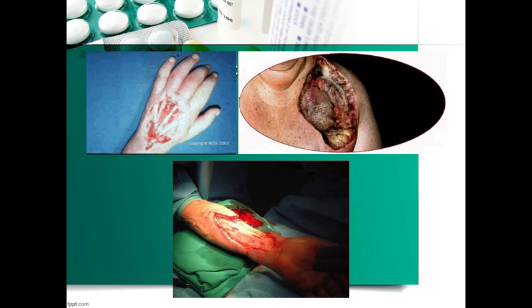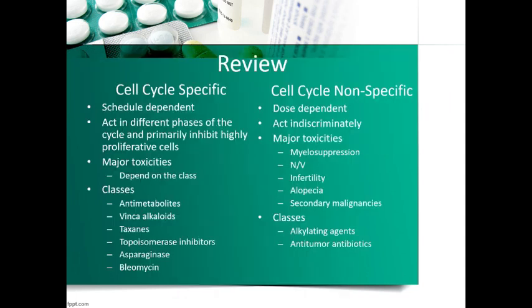Now doxorubicin is one that fortunately I haven't come across, primarily because we always give it through a central line. Those lines are not going to typically have problems. They're not going to blow a central line like you would a peripheral line. So all of these, you can see, for the most part, are peripheral lines that have gone bad. So we tend to force the providers to give it centrally.